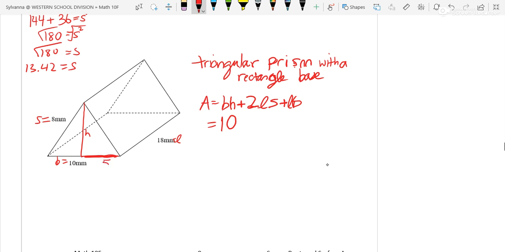So if I'm just looking at this side here that I need, that's 5. And I know my slant height, my hypotenuse, is 8. So if I plug this into Pythagoras, that's 5 squared plus b squared equals our hypotenuse squared, which is 8 squared.